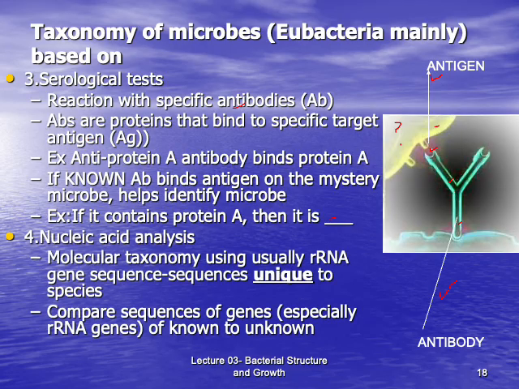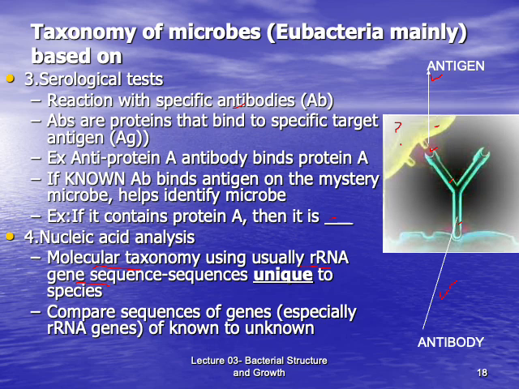The next one is nucleic acid analysis. They call it molecular taxonomy, because usually what they're doing is looking at the rRNA gene sequence in a mystery microbe. It's pretty easy to PCR up certain rRNA genes from a mystery organism.